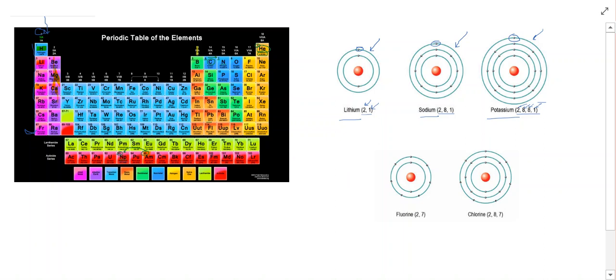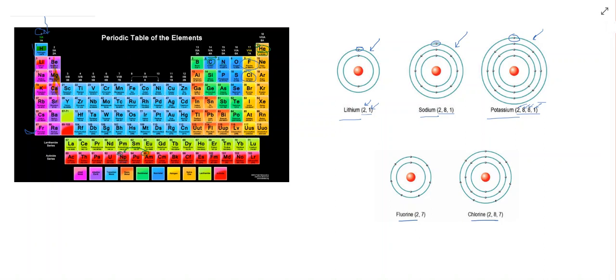That's the same then with all of these. So if we think about then, if we go right the way over to group 7, for example, group 7 will have 7 electrons in their outer shell. So if we have a look here, we have fluorine and chlorine. So if we have a look here on the periodic table, here's fluorine and here's chlorine. They're all group 7 elements.